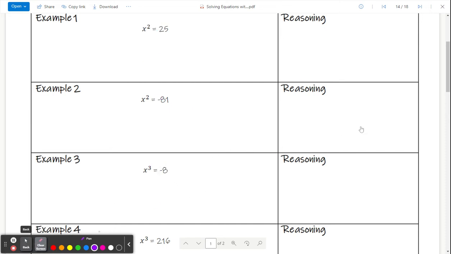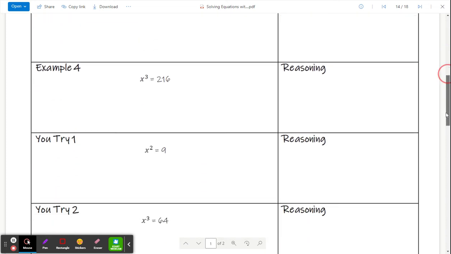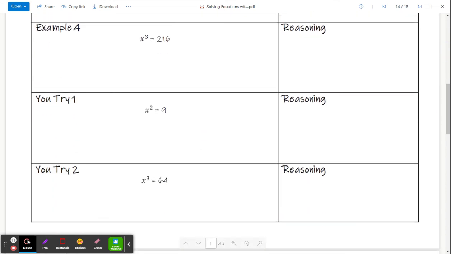x equals negative 2, because negative 2 times negative 2 times negative 2 equals negative 8. All right, one more example. Let's look down at example 4. We have x cubed equals 216. So we're going to take the cube root.